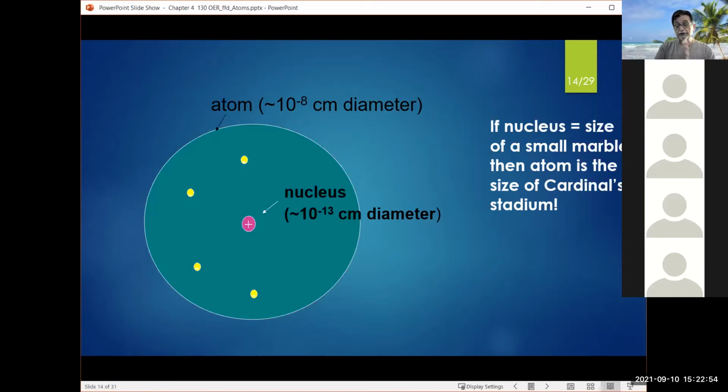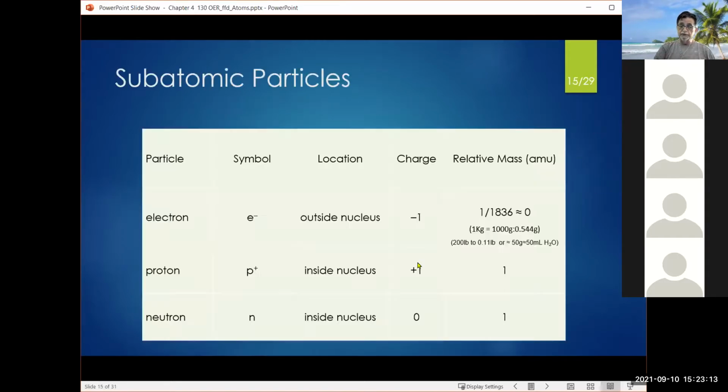There's a lot of energy there, splitting of the atom. Another analogy to give a perspective on the size of these atoms: if the nucleus was the size of a marble, then the Cardinal Stadium would be the size of an atom. Okay, so a lot of empty space.